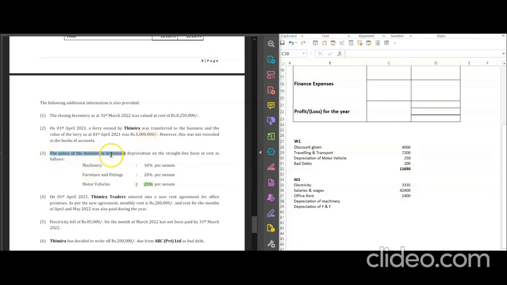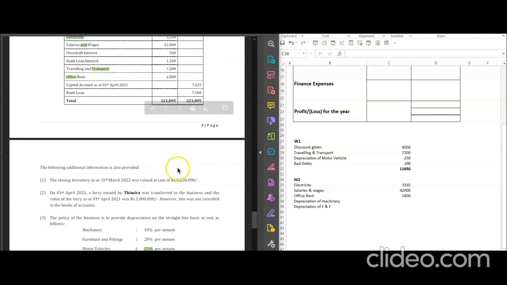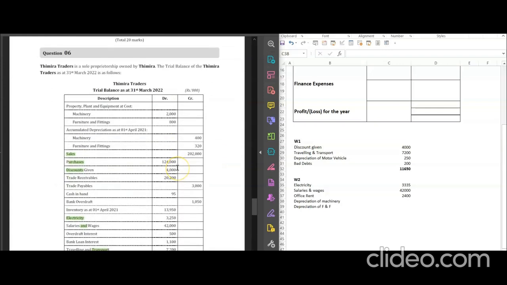The policy of the business is to provide depreciation on the straight line basis at cost as follows. Machinery is 10%, furniture and fittings is 20%. So we will see the cost of the machinery and furniture and fittings, property, plant and equipment at cost. The machinery cost is 2,000.